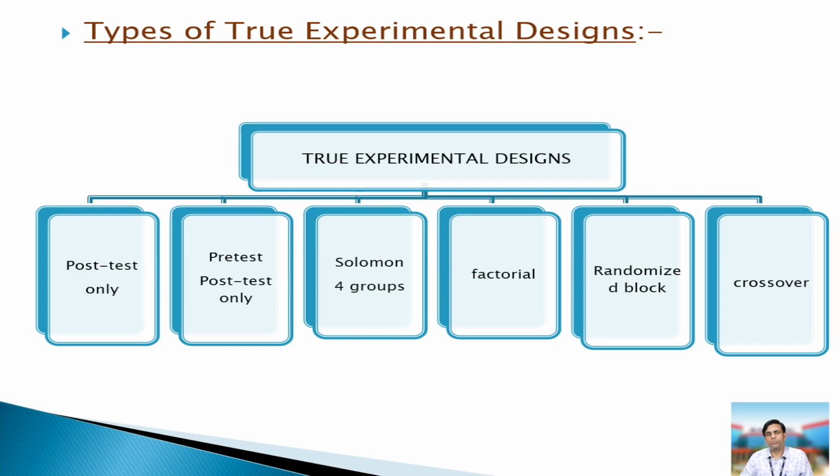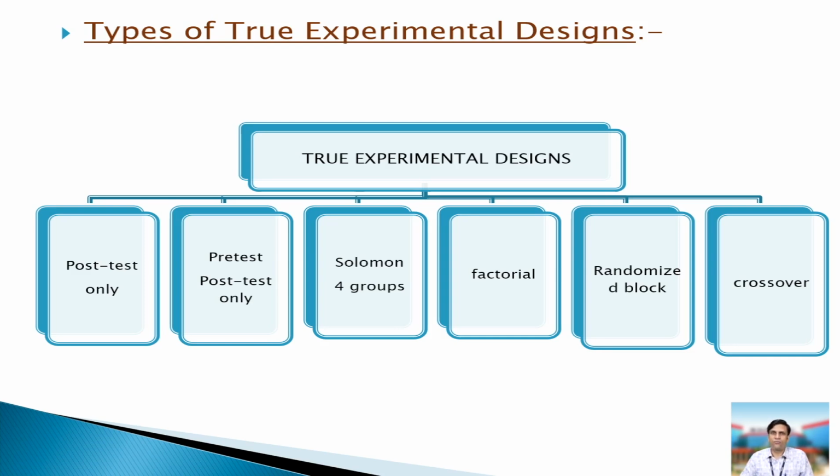The control group is kept deprived of the intervention. So the control group is given only the traditional or conventional method. Now, after administering the experimental treatment to the experimental group and conventional treatment to the control group, the post-test is done.